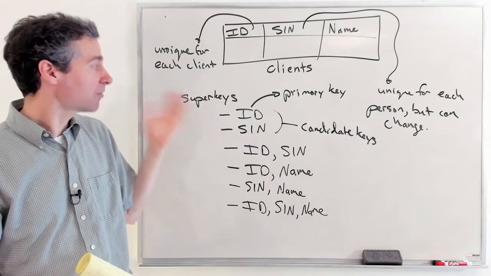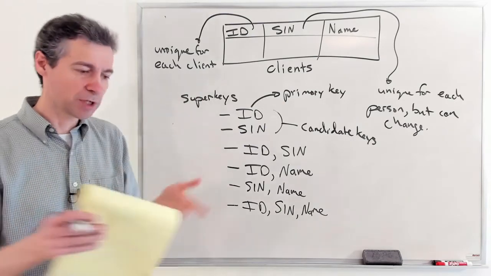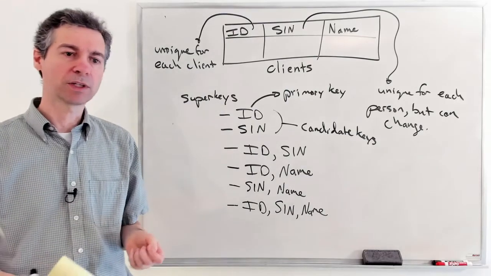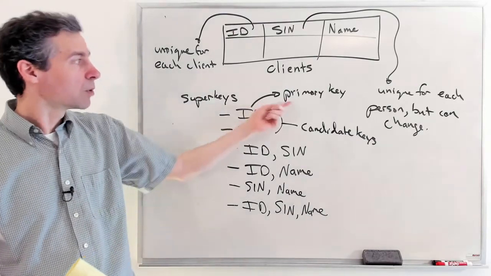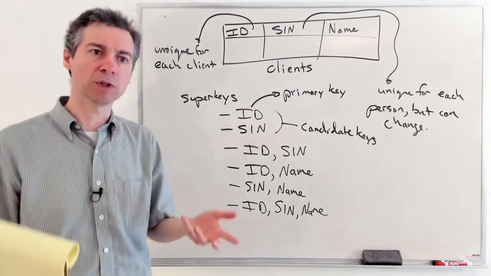But it has to have the property of being a super key. It has to be able to uniquely identify a row, and we will want it certainly to be a candidate key, so it's as minimal as possible.